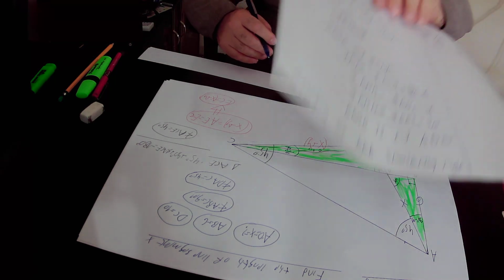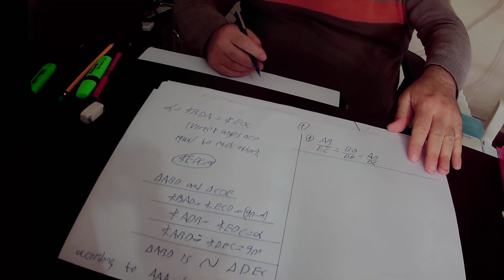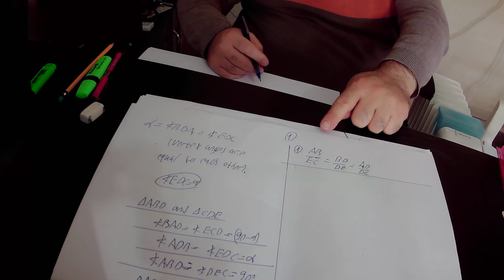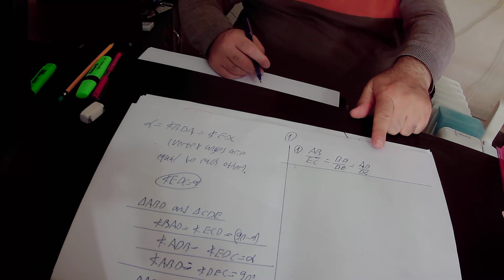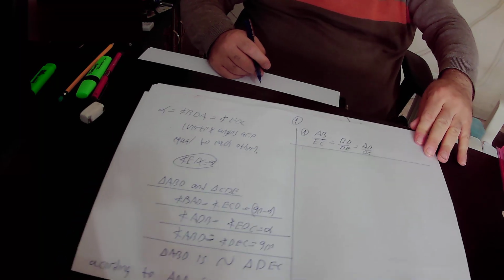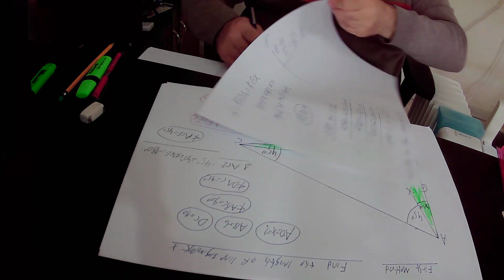I'll repeat again, from the fact that the two right triangles are similar to each other, we conclude that AB over EC equals BD over DE equals AD over DC. Okay?